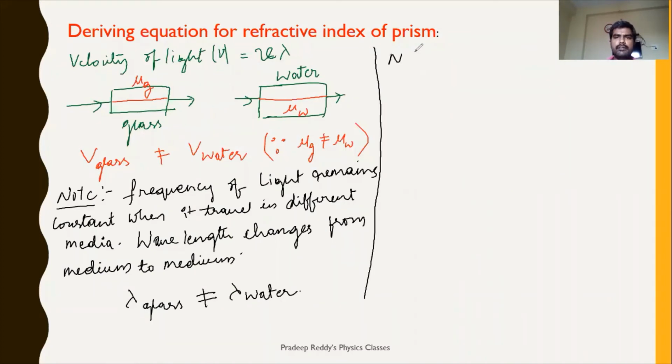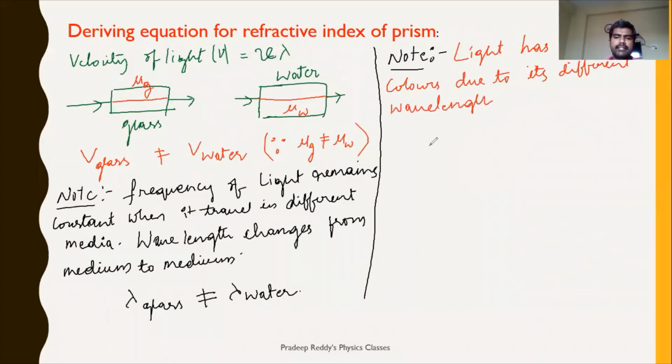And the next note is, light has different colors due to its different wavelengths. So light exhibits different colors because it has different wavelengths.